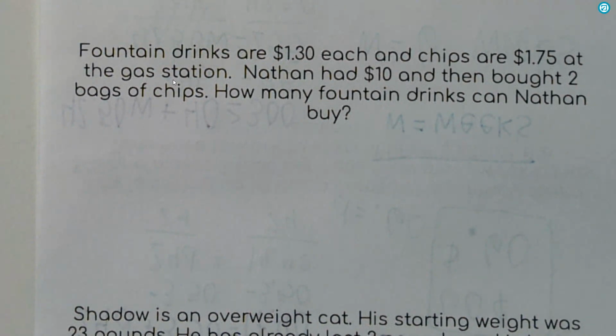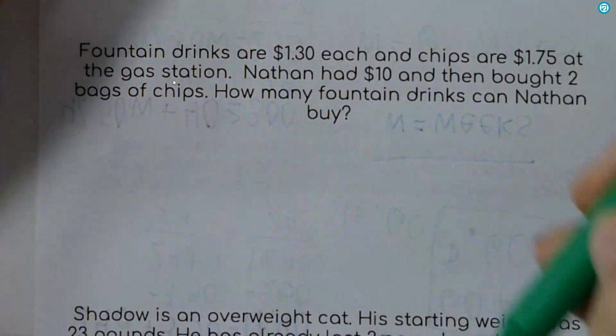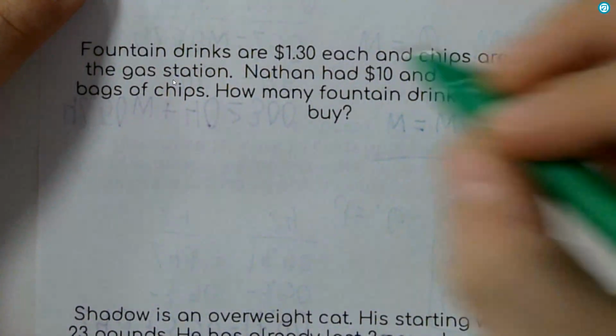Okay, this one has a couple weird things in it, so I need you to think, figure out, and comprehend some of these things. First of all, what are we trying to solve for? How many drinks? So let's use D equals drinks.